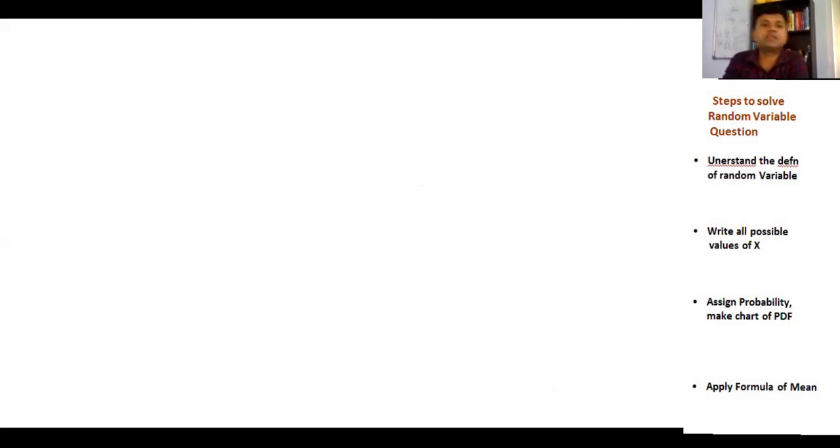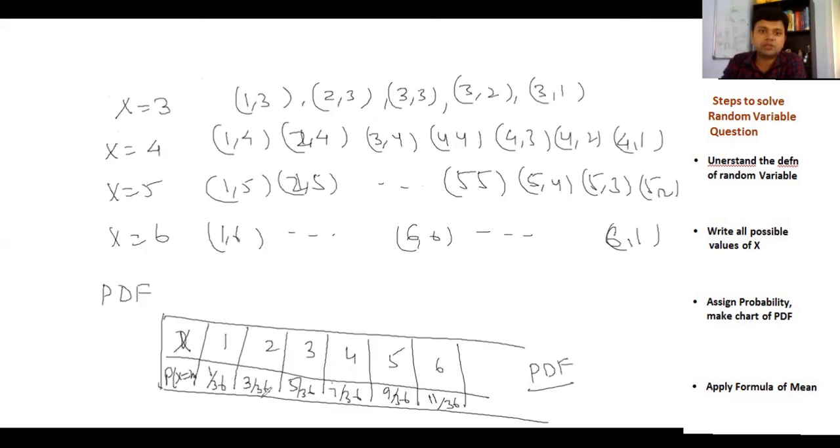Next question is the mean of that random variable. What is the formula? It is sigma xi into probability of x is equal to xi, i equal to 1 to n. For this one, what will be the answer? So 1 into 1 by 36, 2 into 3 by 36, 3 into 5 by 36. Multiply and then add them.